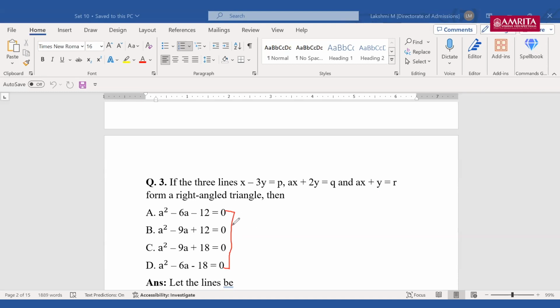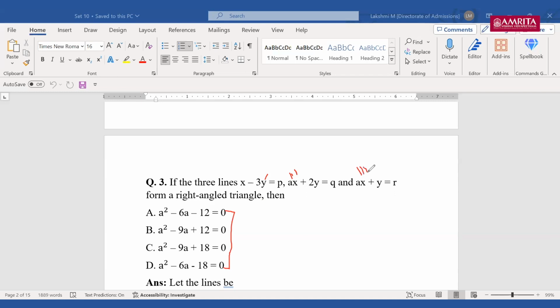I'll just read the question once again. If the three lines x minus 3y equal to p, ax plus 2y equal to q, and ax plus y equal to r form a right angle triangle. So it's like these two can form a right angle triangle. If this is the first one, this is the second one, this is the third one, then 1 and 2 can form a right angle triangle, or maybe 1 and 3, or 2 and 3.